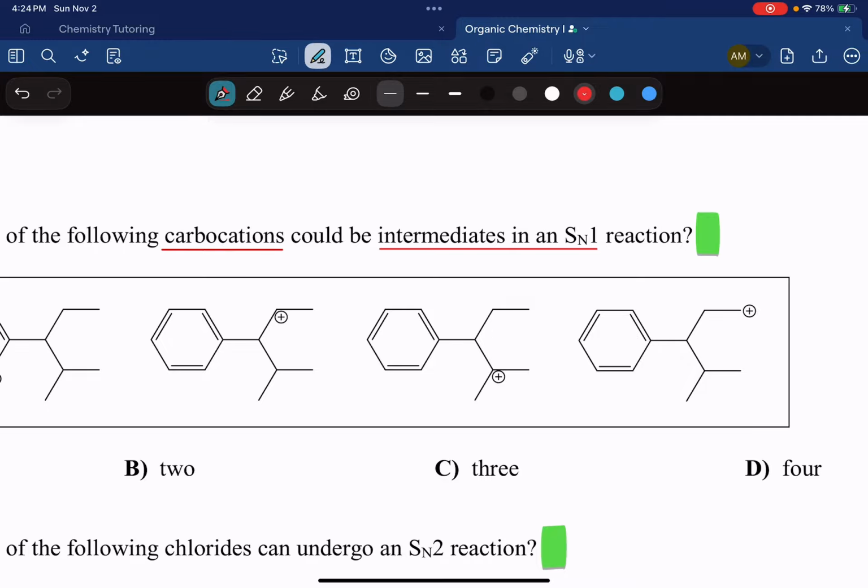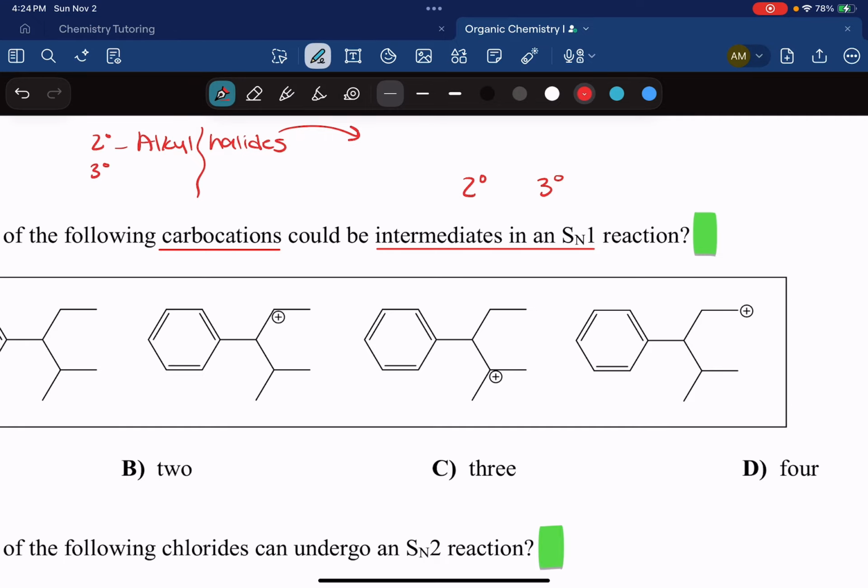So we're looking for secondary and tertiary, right? Because we were looking for secondary and tertiary alkyl halides. Because once the halide jumps ship, you're just going to be left with a secondary or tertiary alkyl group, or carbocation, right?